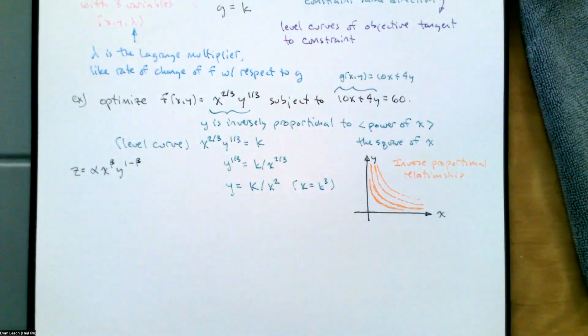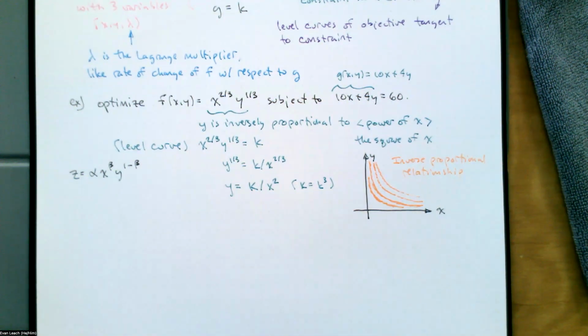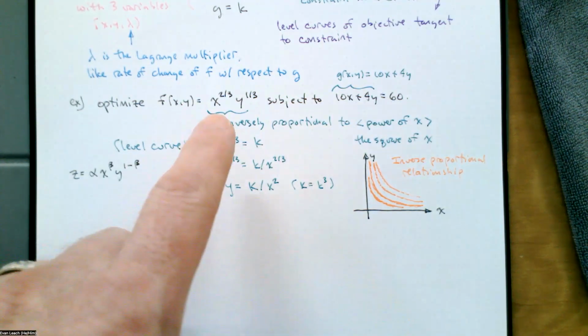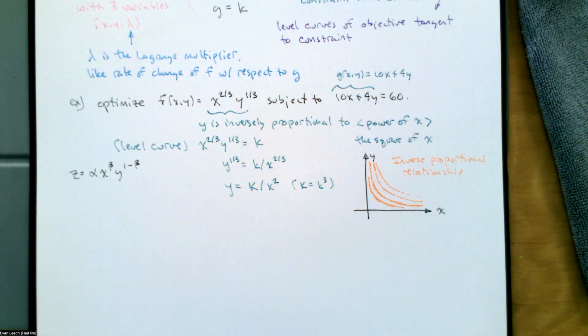Inverse proportional means if we double one, we cut the other in half. If it's just x times y, if I double x, I have to cut y in half to maintain balance. Where y is inversely proportional to the square of x, that would be something like gravity. When we're twice as far away, we don't see half the gravity, we see a quarter of the gravity. That's a physics thing.